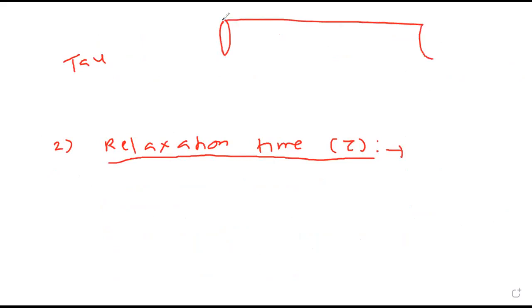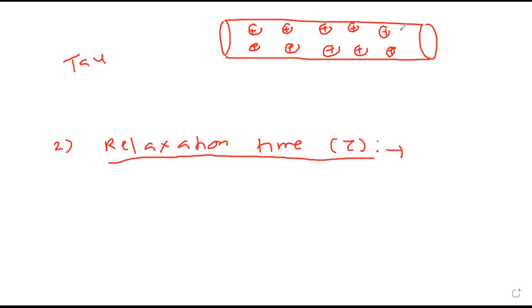This is a conductor, and there are fixed positive ions here throughout the conductor, because a free electron means it has left the positive ion. When we connect a battery, electrons which were randomly oriented will move in a straight line, and then may collide with this ion.